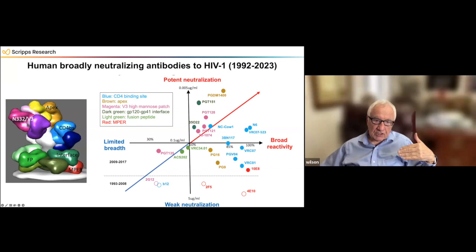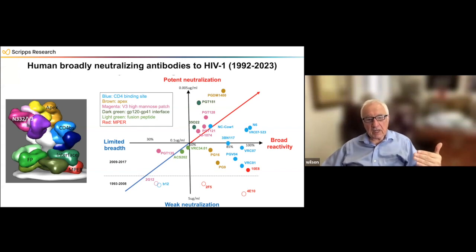Over the years, what we've been looking for are antibodies that are very potent and have breadth. We want antibodies in this quadrant over here with high potency and high breadth. These are the antibodies we can use to define the epitopes that we're going to target with vaccines or with therapeutic antibodies.